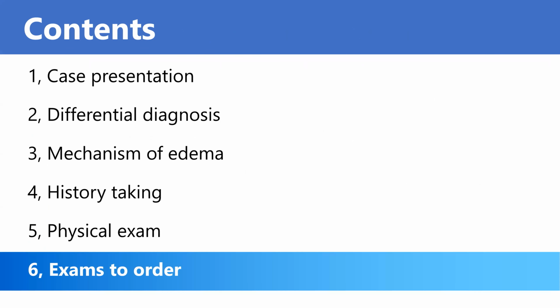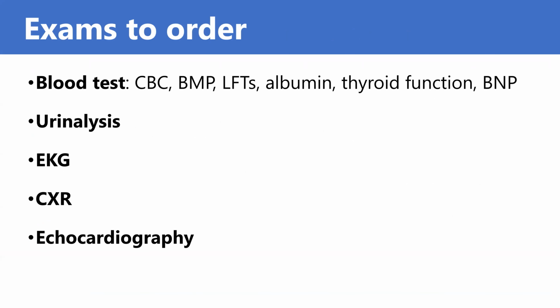Okay, so let's move on to the last part, exams to order. We have to order some tests based on our differential diagnosis or findings we have obtained from physical exam and history.